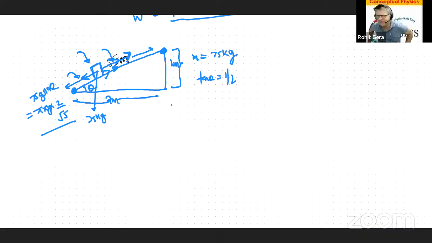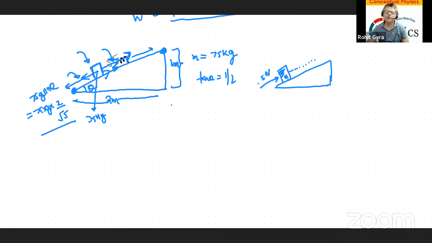Suppose you push a block on an incline, and you are a man standing on the ground pushing it with a force of 5 Newton, and it goes up. How much work are you doing on the block? The same concept has to be used.